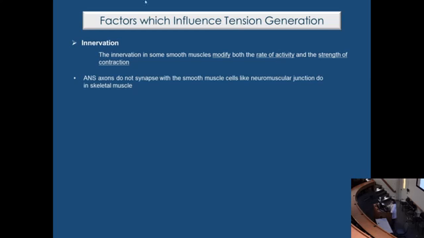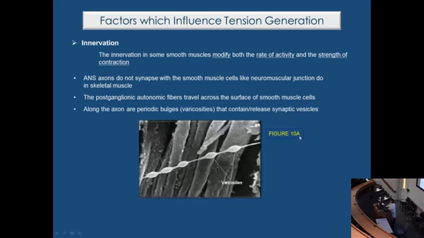And one important feature is that the axons of the ANS do not synapse with the smooth muscle cells the way that they do in the striated muscles. In the striated muscles, remember that we have these specialized neuromuscular junctions. For the smooth muscle cells, the axons will travel across the surface of the smooth muscle cells, as is illustrated in this micrograph.